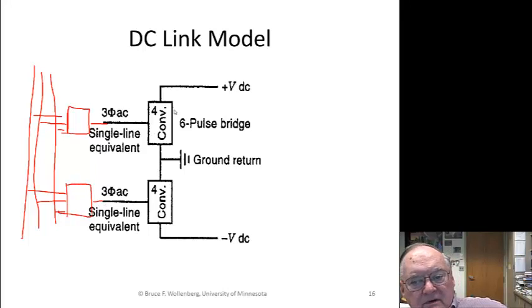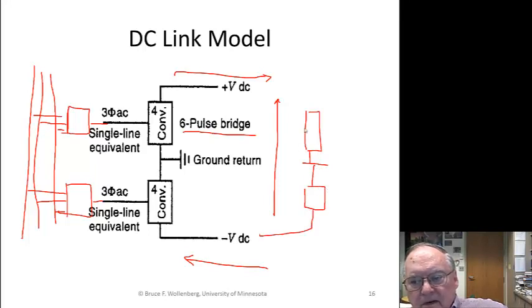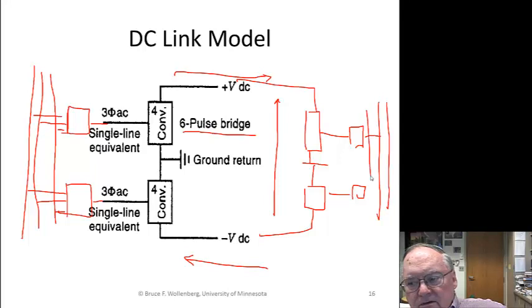And then we have these 6-pulse bridges, these converters, and this is a DC circuit like this, and so the current flows in this direction and back in this direction. And at the other end, you'd have a similar converter like this with a ground in the middle, another converter like this, and it comes back out into AC again. So here's my transformers, my Y delta, and I have three-phase AC transformers out here.